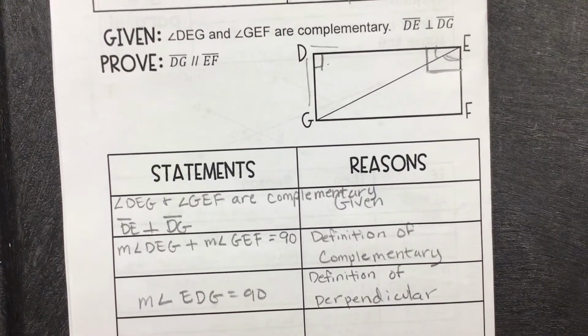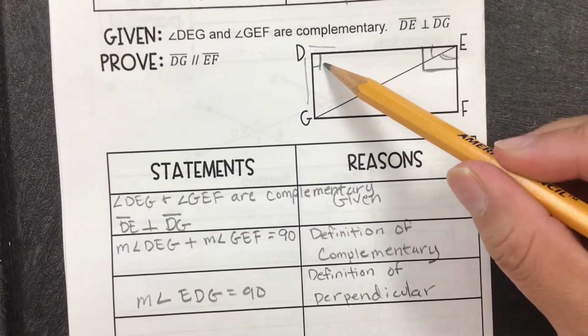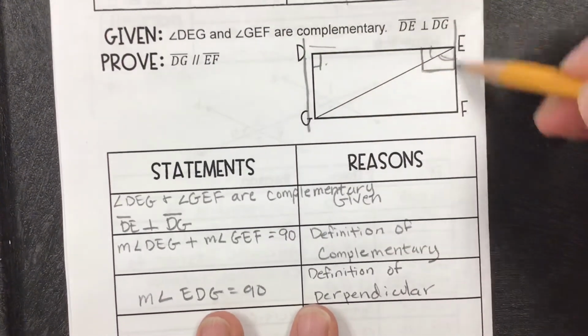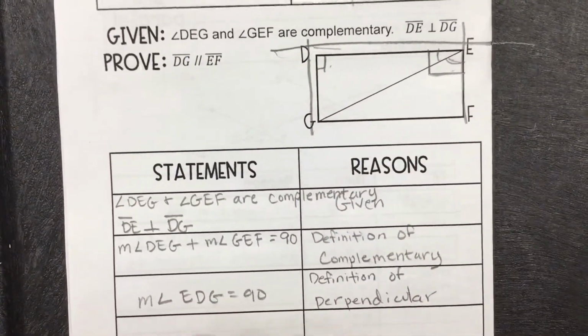Okay, so what we have so far is that this one's equal to 90 and this one's equal to 90. So I'm going to draw the lines this way, and I have 90 and 90 right here.